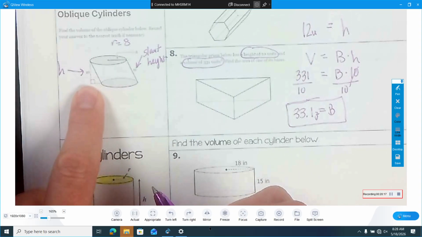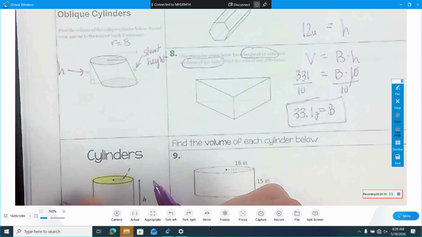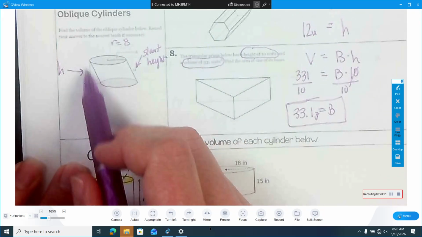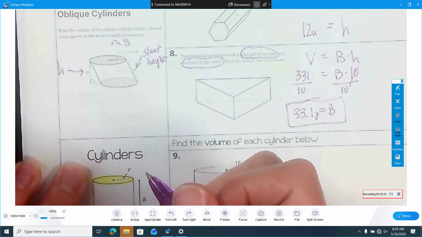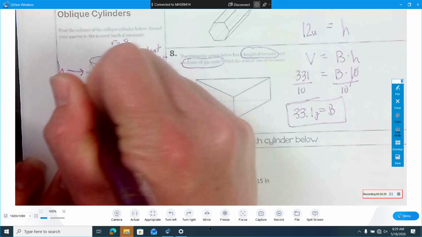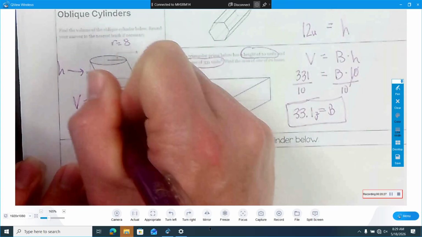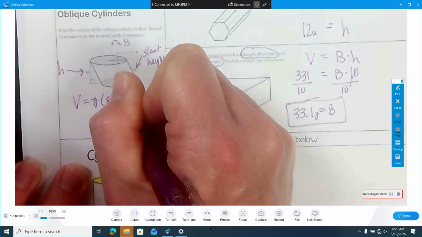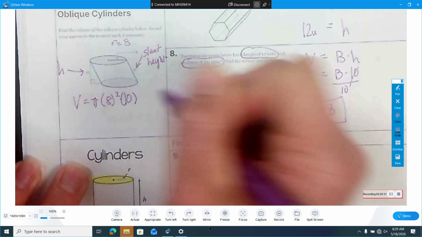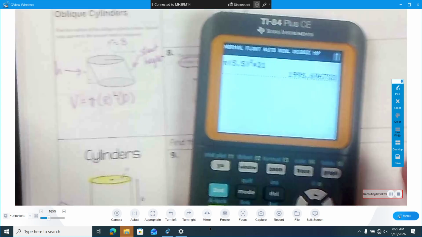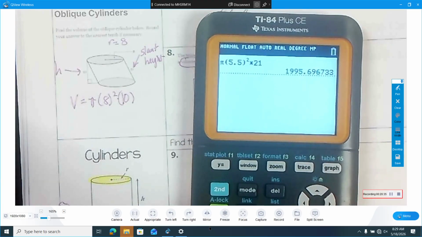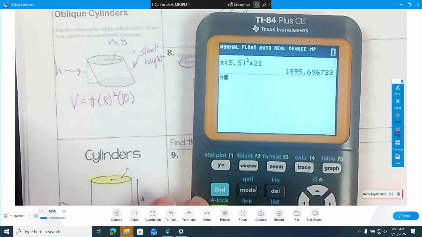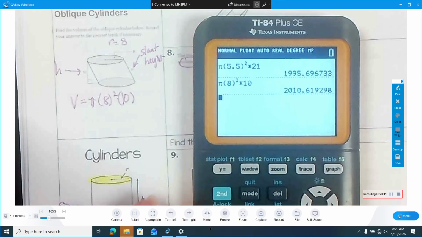And so be careful that you understand. You need the height, you need that vertical height, not the slanty height. So volume is pi times radius squared times the height of 10. Round to the nearest tenth, it says. So pi times radius squared times height. And we get 2010.6.